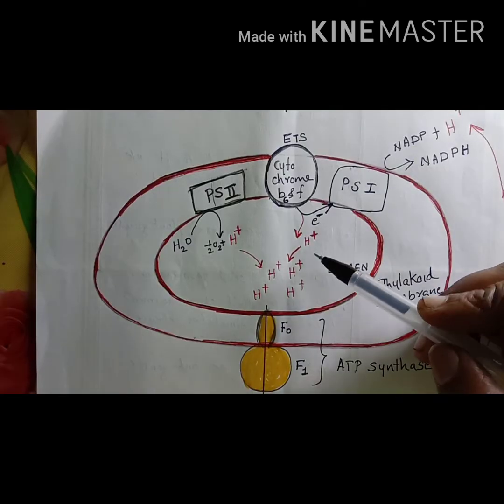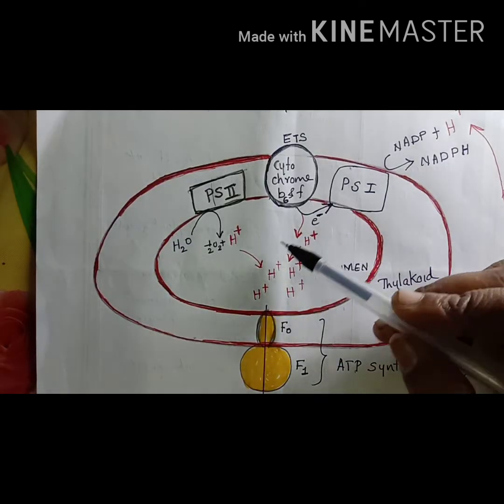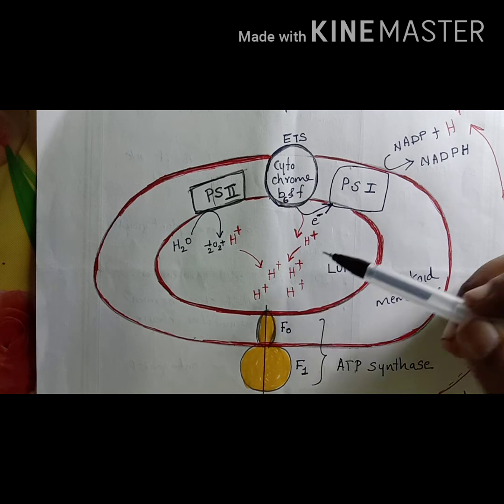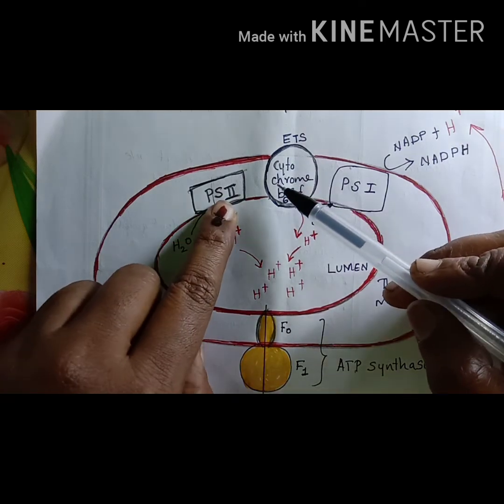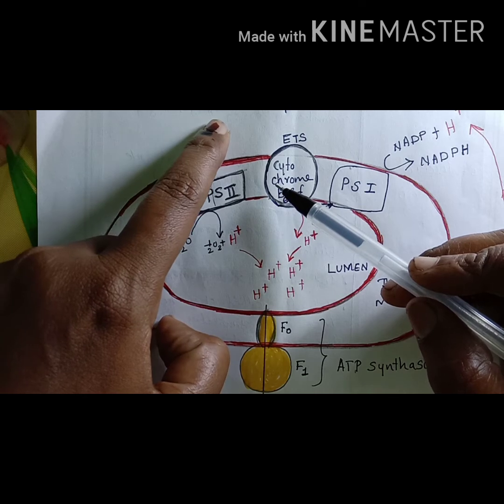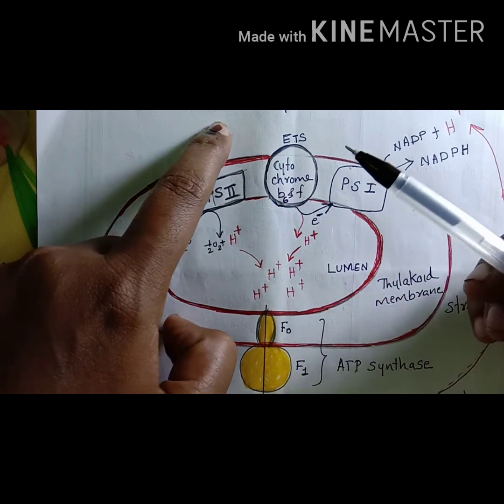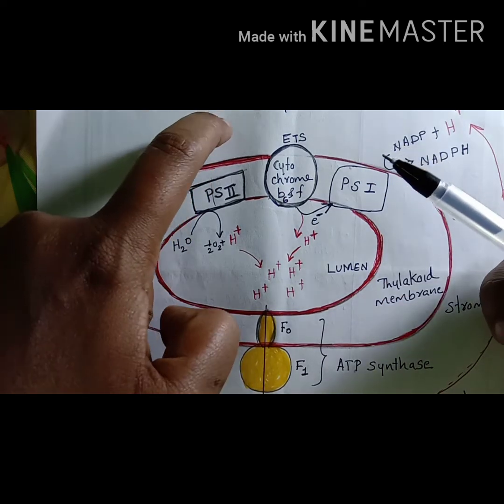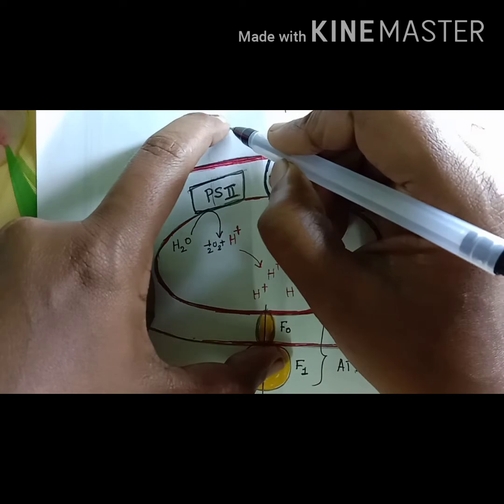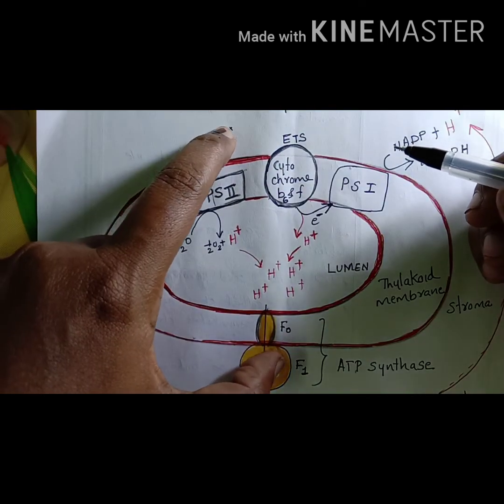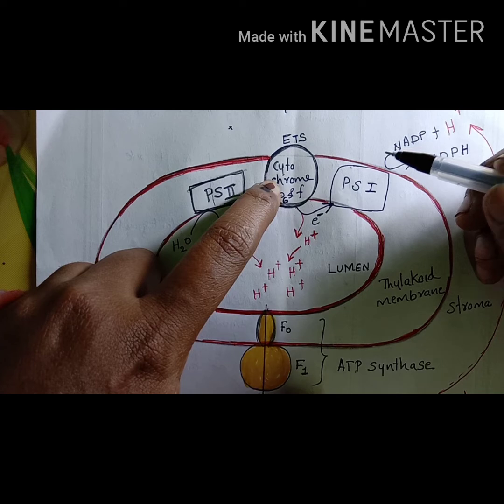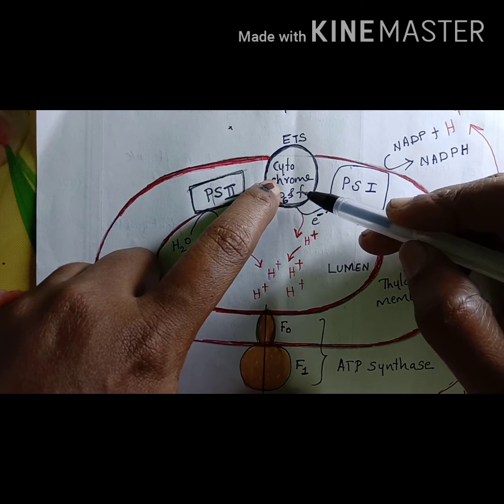The first chance for the accumulation of protons inside the lumen is this: we know that from PS2, the electrons are accepted by an electron acceptor located on the stroma portion. Now we can see the electron acceptor on the stroma region. From this electron acceptor, the electron will enter the electron transport system.